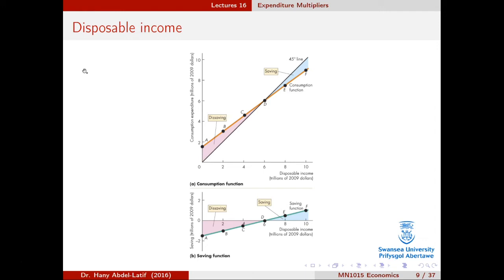Let's say your income increased by £100. I know I'm talking about individuals now, but again, it's just the same for all households. So if your income increased by £100, how are you going to use this increase in your income?